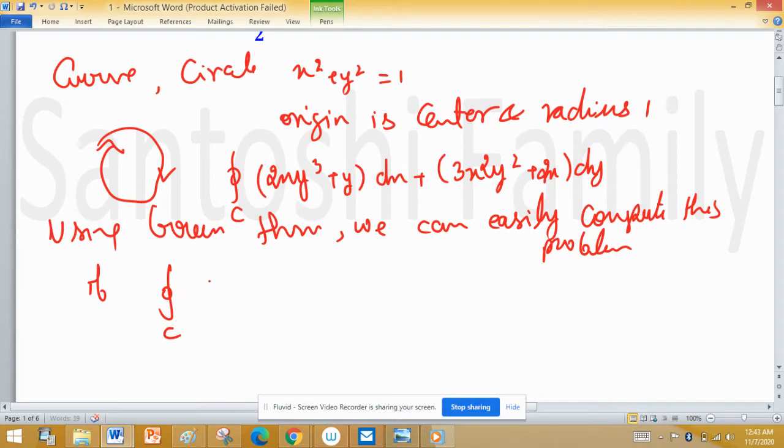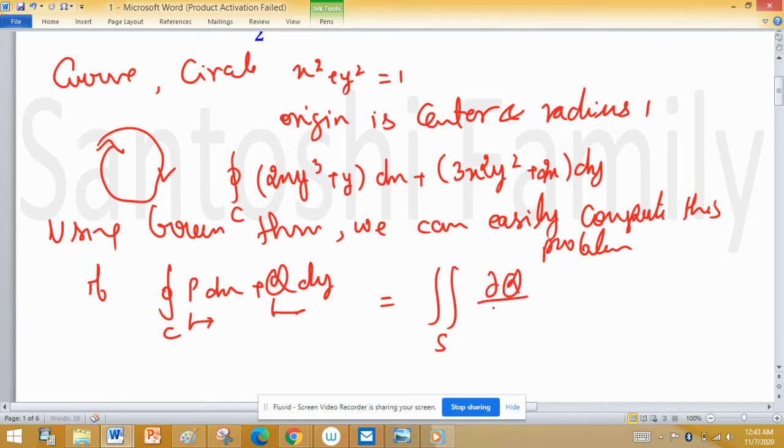suppose P dx plus Q dy, P is a function of x, y and same Q is a function of x, y, this line integral converts into a surface integral of partial derivative of Q with respect to x minus partial derivative of P with respect to y, dx dy.